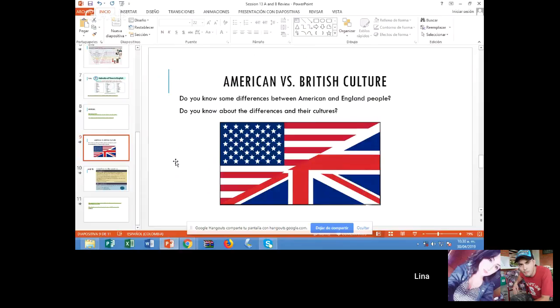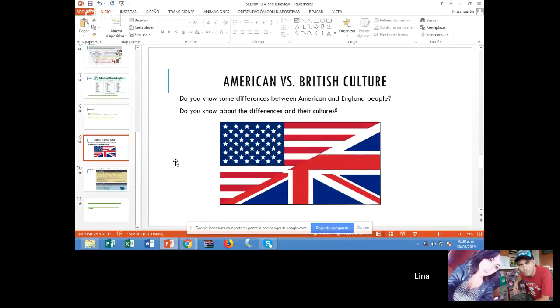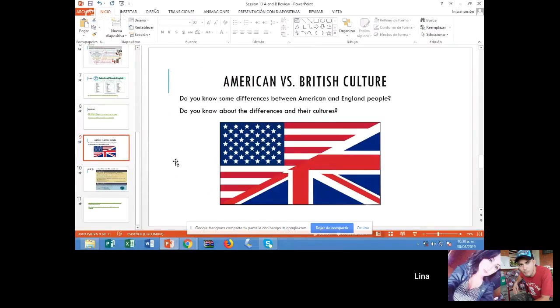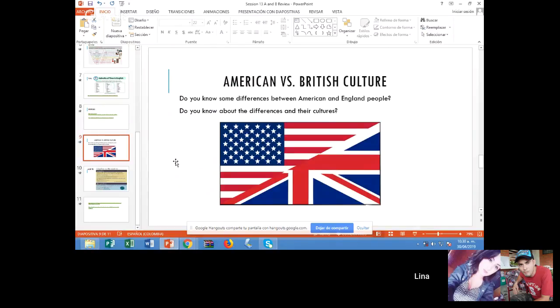And also the British dish is Indian. I think it's Indian, and they don't have actually too much food from them. Always they try to add different kinds of food in their food. So those are some differences between the American and British culture.